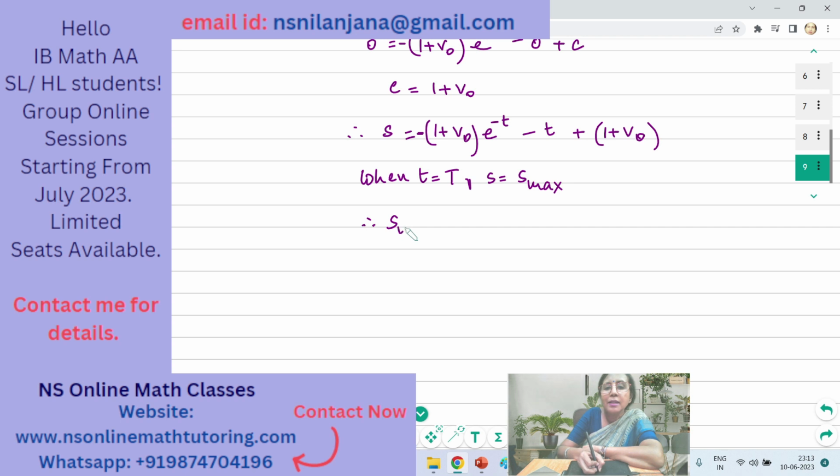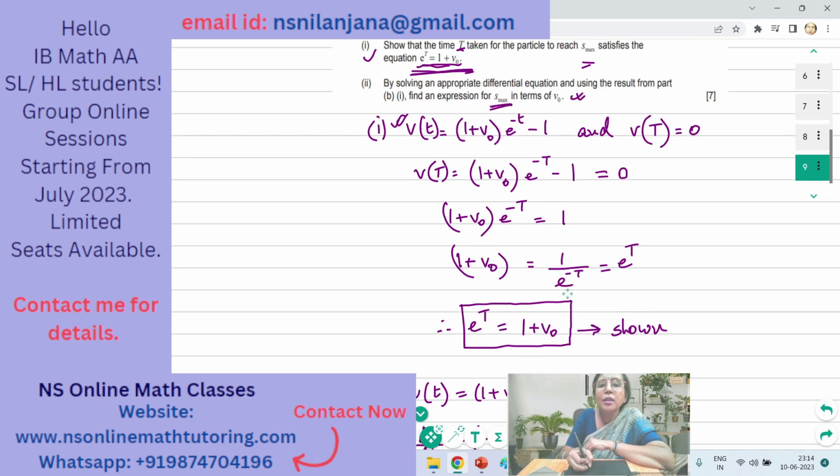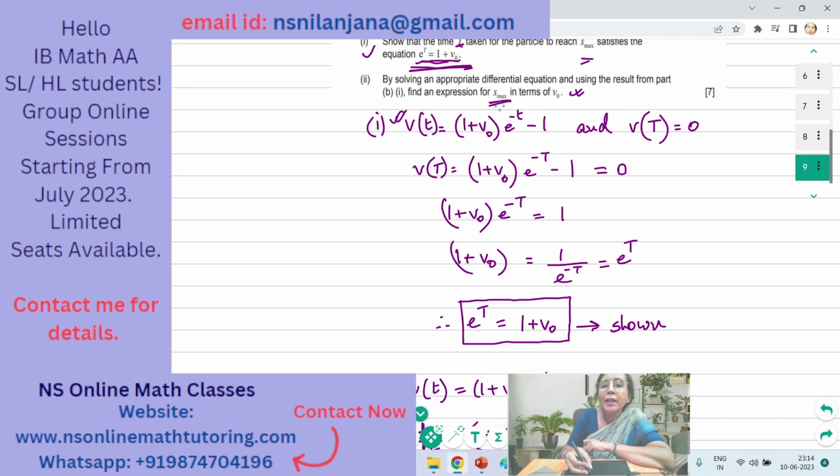Therefore, S max is equal to negative 1 plus V0, e to the power of negative capital T, minus capital T plus 1 plus V0. Okay. And now, what is the question? Let us read the question once more. Find an expression for S max in terms of V0. They did not say in terms of capital T.